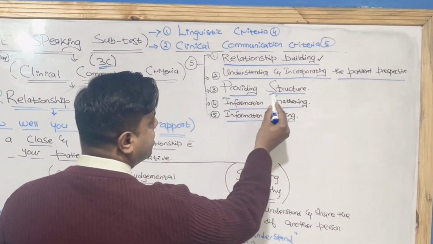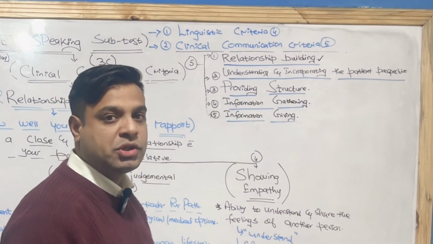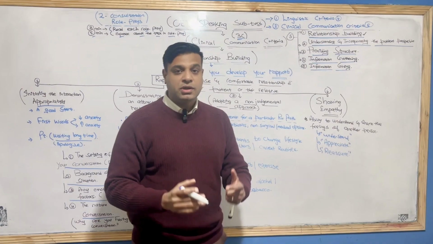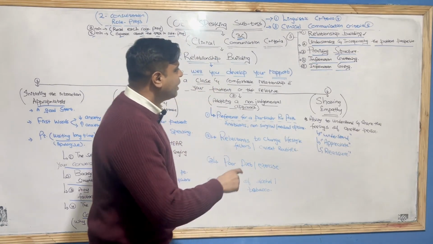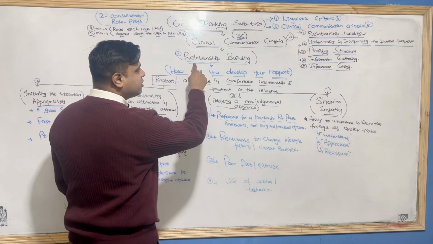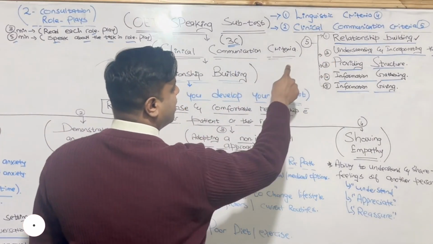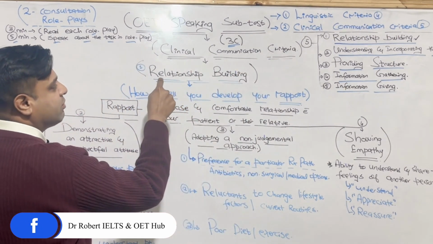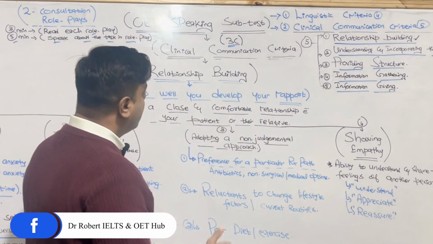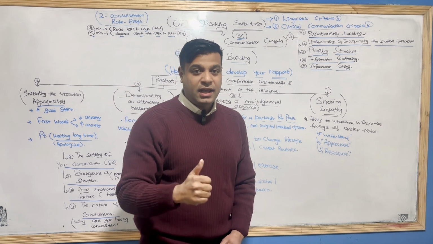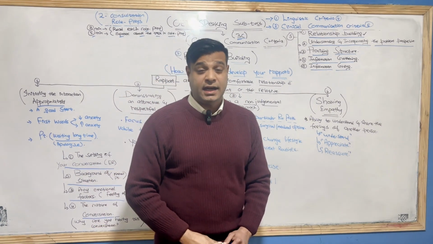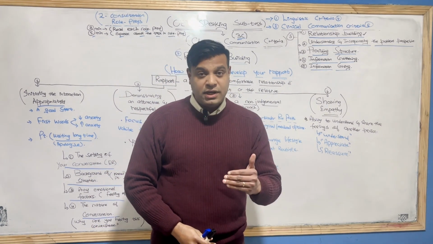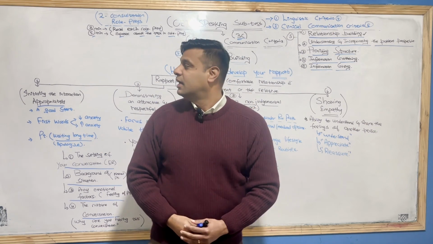Third, providing structure. Fourth, information gathering, and fifth, information giving. In this video, I'm going to talk about the first clinical communication criterion, which is relationship building. This is really important for every OET candidate to build a good relationship with the patient.